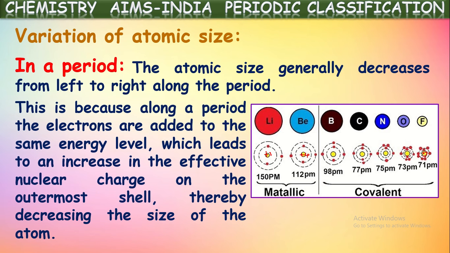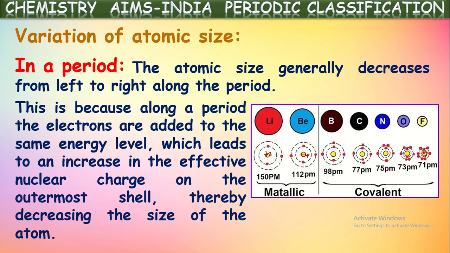So what do we observe here? In a period from left to right, all the elements have the same number of energy levels, but the number of electrons in their outermost shell increases. At the same time, nuclear charge is also increased.